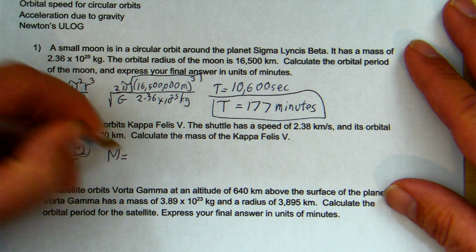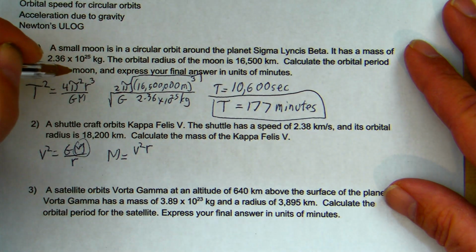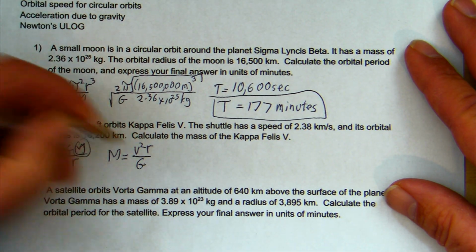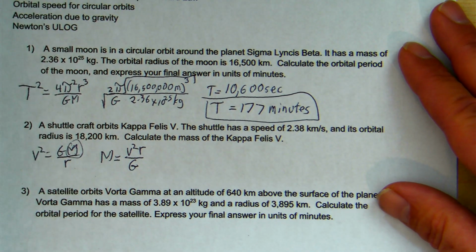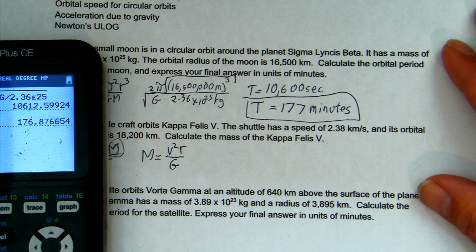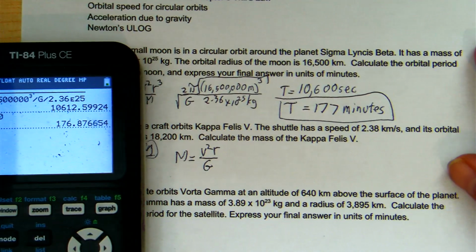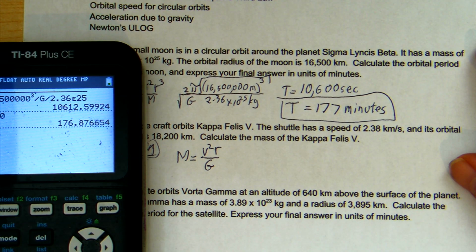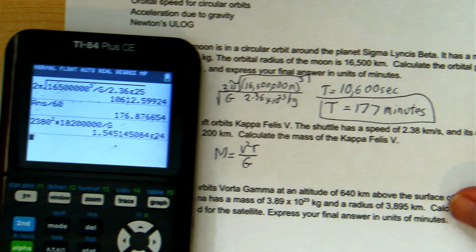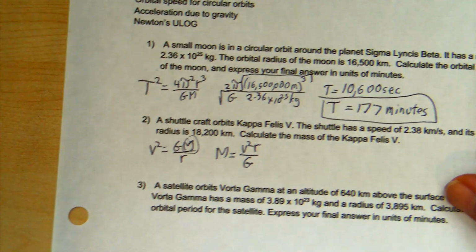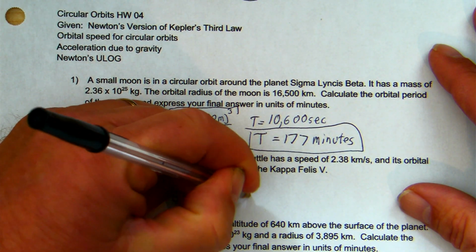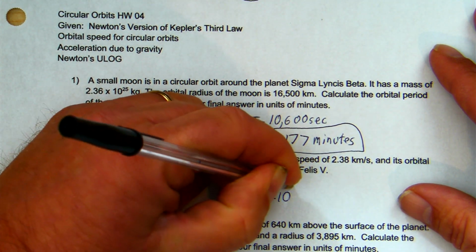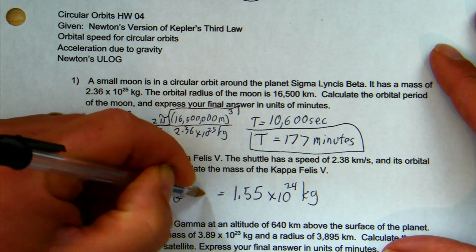So the mass of the planet would be v squared times the orbital radius divided by the universal gravitational constant G. The numbers I'm going to plug into my calculator are 2,380 meters per second squared times 18,200,000 meters divided by G. And it says I have 1.55 times 10 to the 24th power kilograms.